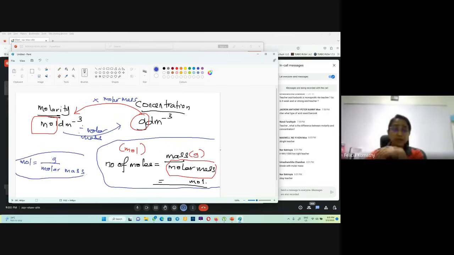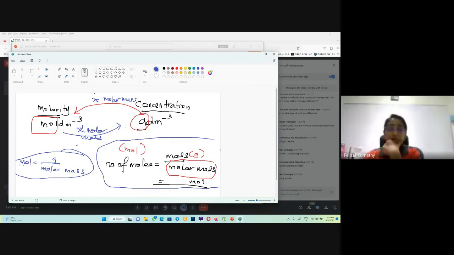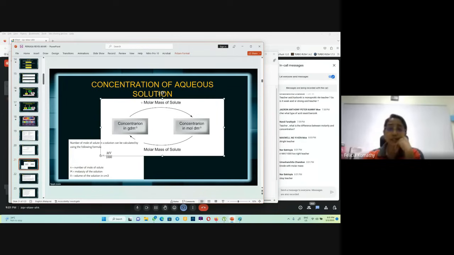You use this basic formula, you can do the conversion. If mole to gram, I know mole, I want to find the gram, so I times with the molar mass. If I have the gram, I want to find the mole, so I divide with the molar mass. So you can use this formula to find out the operation, whether it's divide or multiply. You memorize, you will get confused. Understand now?